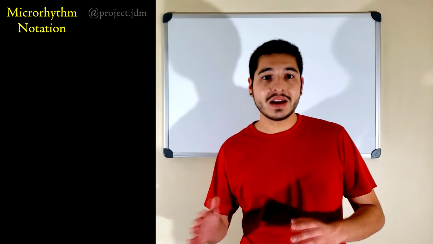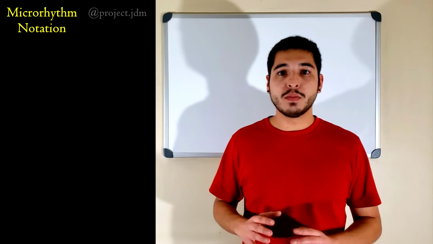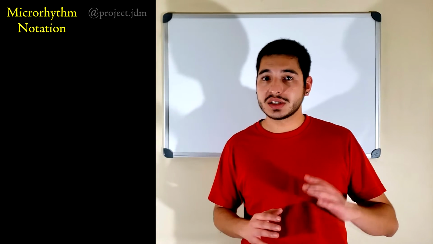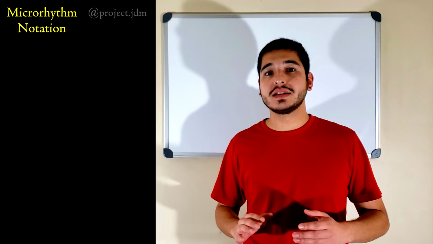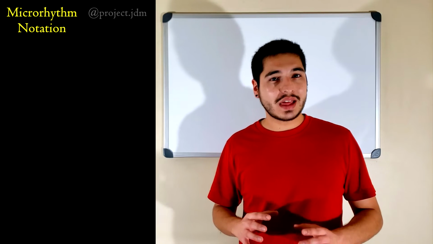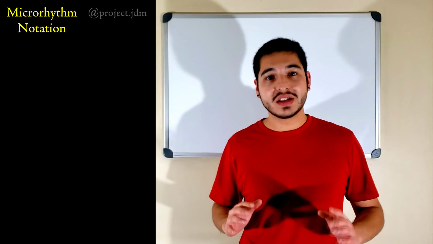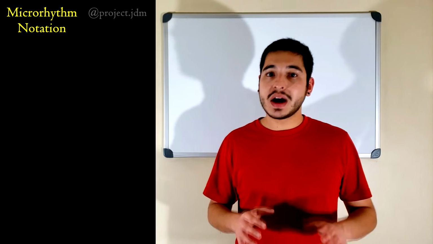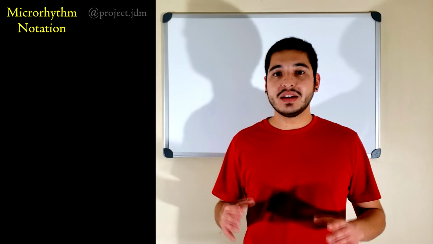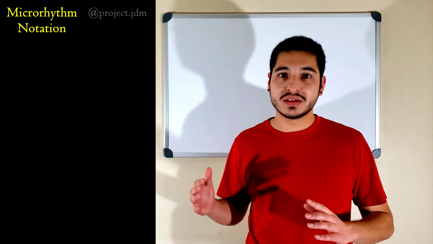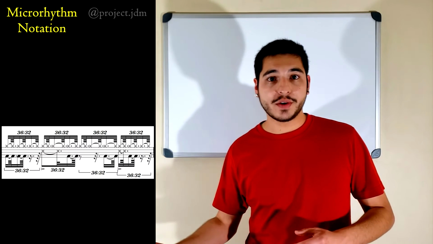You have these slight microrhythmic imperfections, those slight deviations, and it doesn't really seem like that complex of an idea. It seems very easy to play when you're listening to it. But the complexity comes when it comes to notating these rhythms, especially using music software.